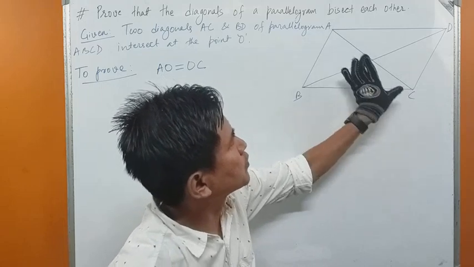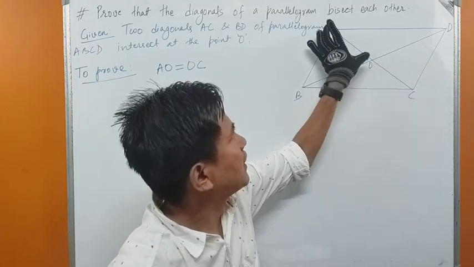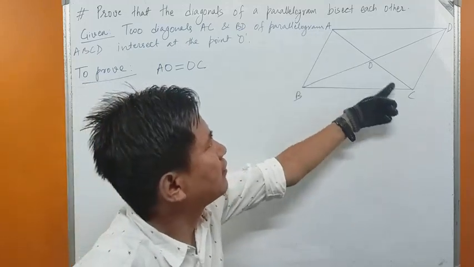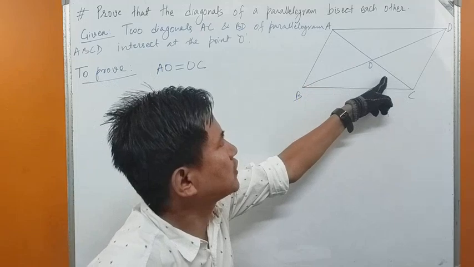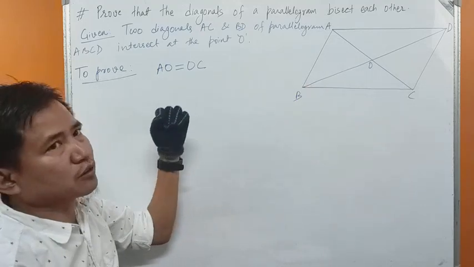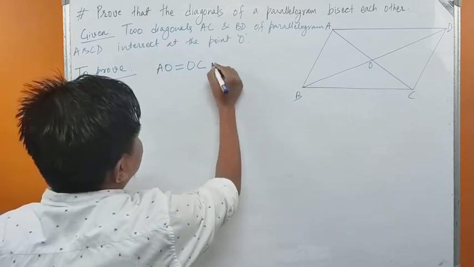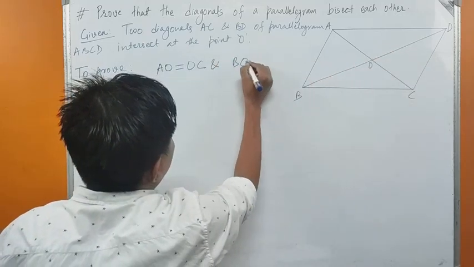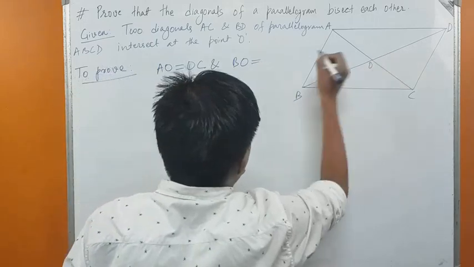This upper part must be equal to the lower part. Bisect means this diagonal is divided into two parts, AO and OC, and AO must be equal to OC. And for BD, BO must be equal to OD.